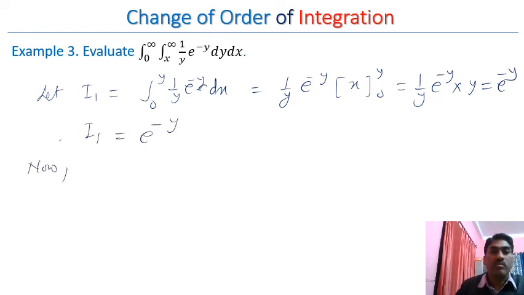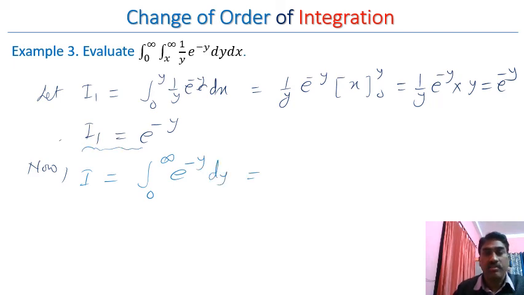Now what is our I? So our I is the integral from 0 to infinity of e to the power minus y, this was the inner integral, dy. Now it is easy to integrate: e to the power minus y by minus 1, and the limits are 0 to infinity.